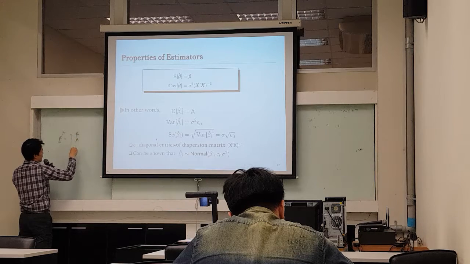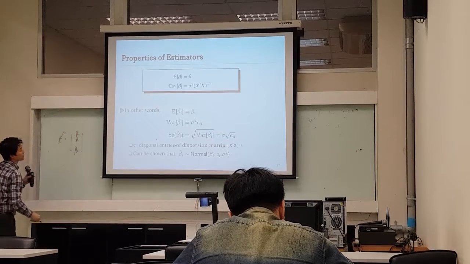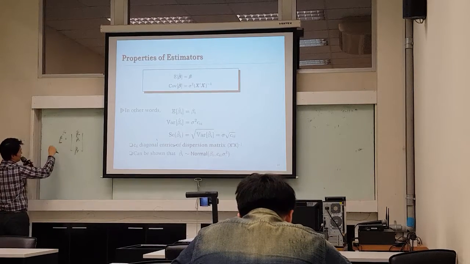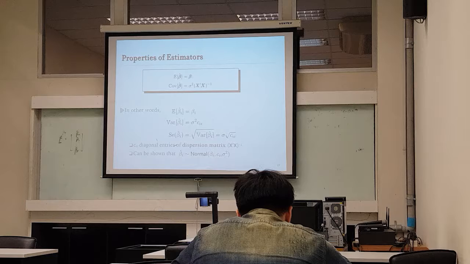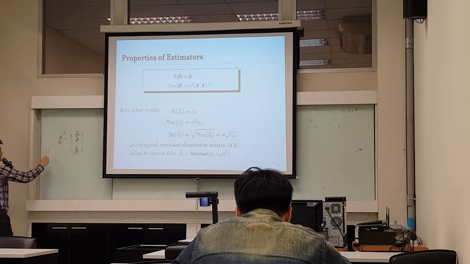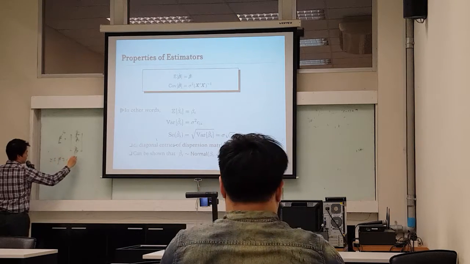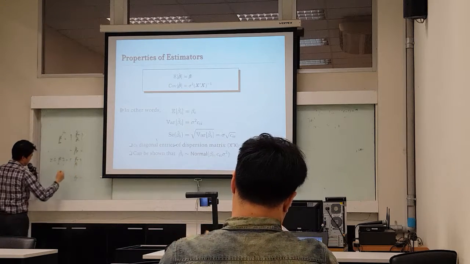I use an underscore to represent the bold character, because I cannot write the bold character on screen, so I just use this bar to represent the vector. The expectation of this vector beta will be equal to the actual coefficient.